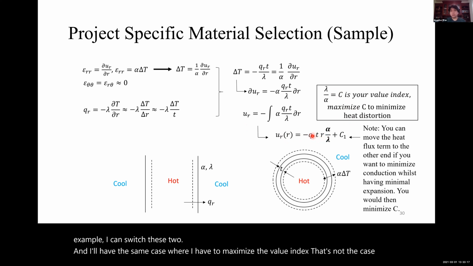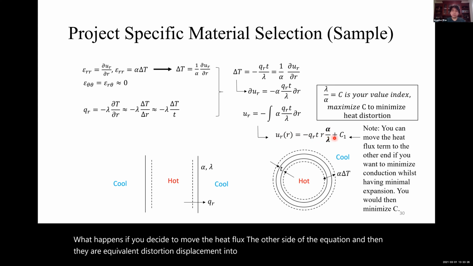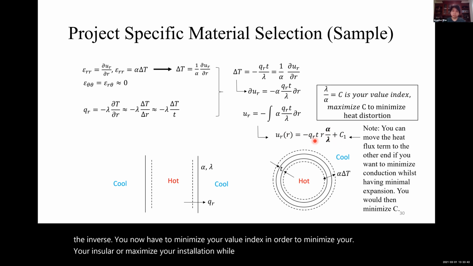What happens is, if you decide to move the heat flux to the other side of the equation and put the equivalent distortion displacement into the function, you now have the inverse. You now have to minimize your value index in order to maximize your insulation while minimizing expansion as much as possible.